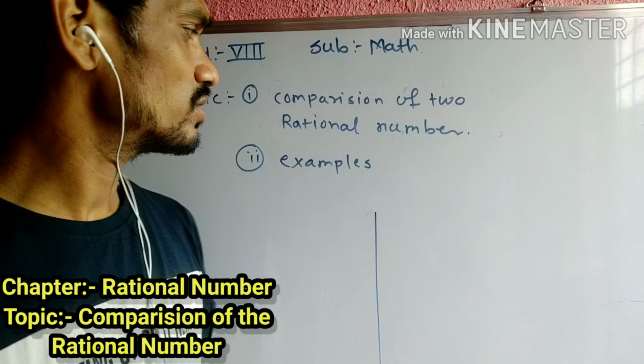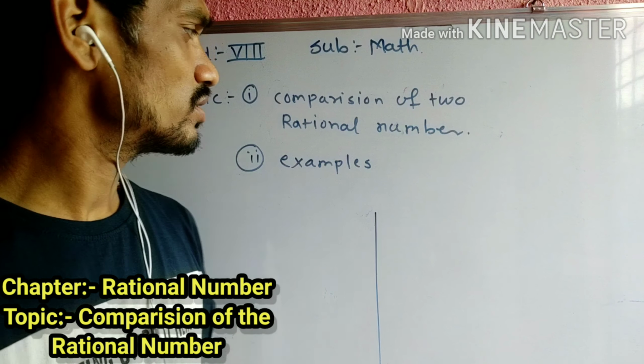If you have d bigger than c and you multiply by the minus sign, the sign will change. But whenever you multiply or divide by the same positive number, the sign does not change.